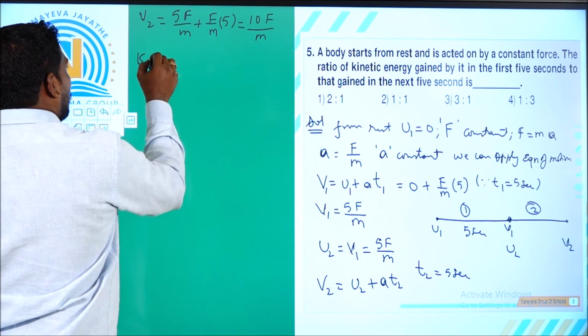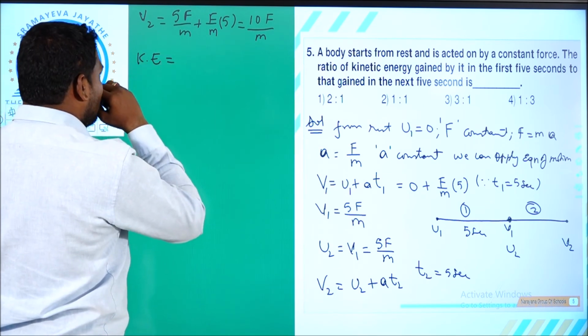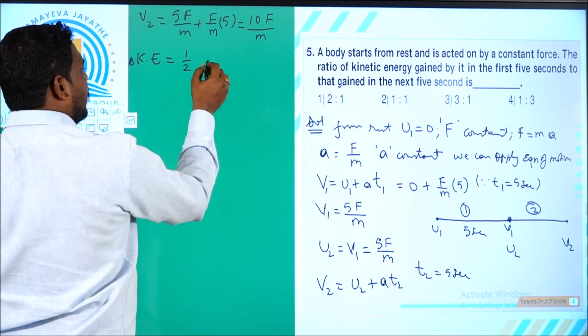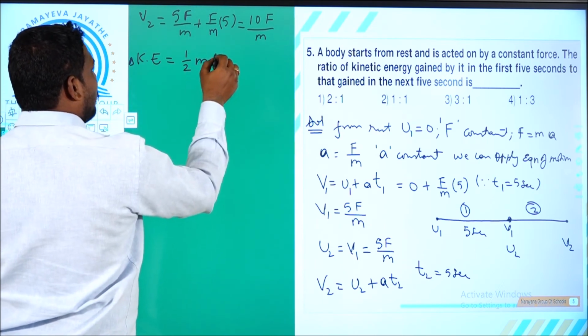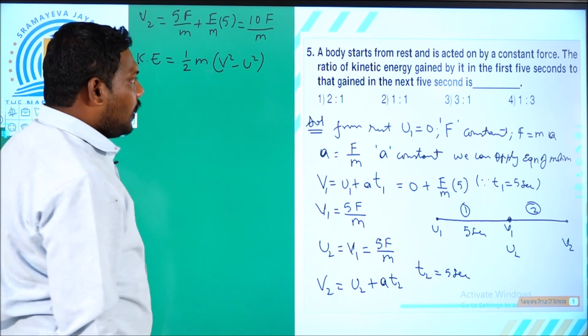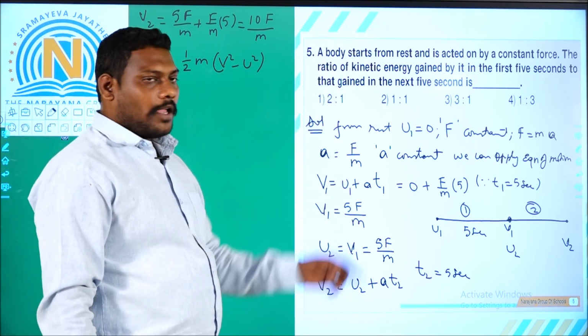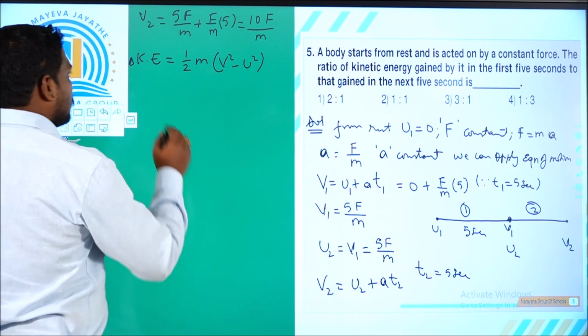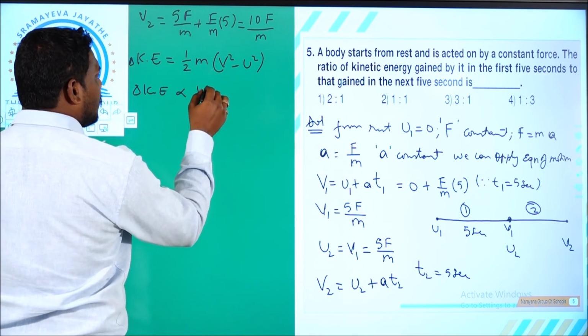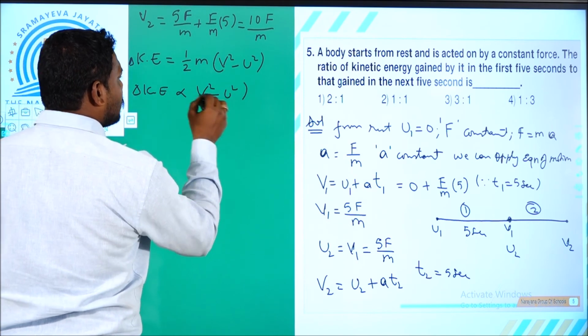Now let us find the ratio of kinetic energies. Change in kinetic energy, or gain in kinetic energy, is equal to half m times v square minus u square. Here we are talking about the same body, so the mass will be constant. So the change in kinetic energy is proportional to v square minus u square.